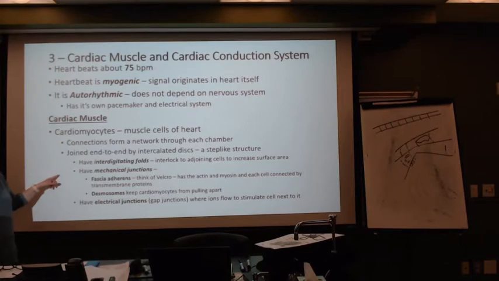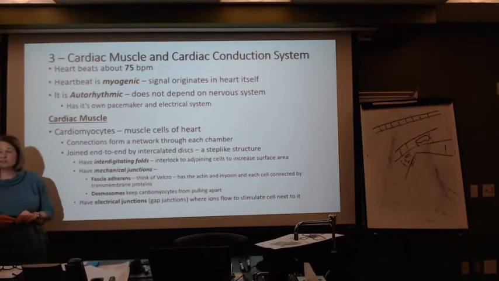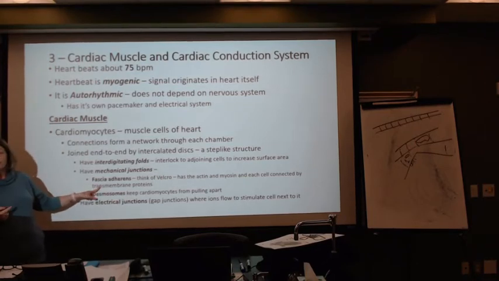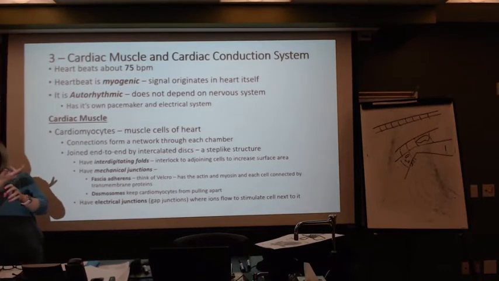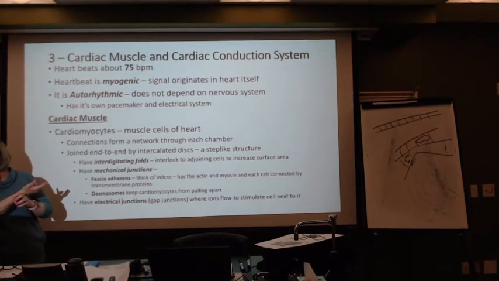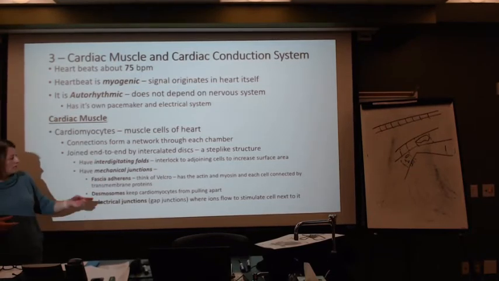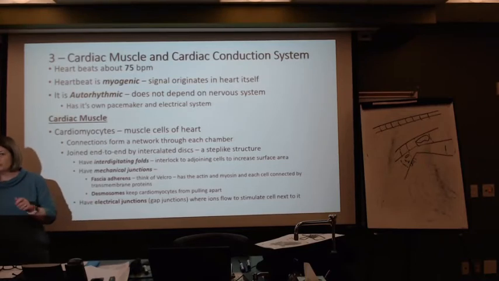We do have between the cells mechanical junctions, meaning they're working to hold the cells in place, okay? They will have a fascia, a sheet, okay, that's what a fascia means. Adherence, adheres, okay? And I think of Velcro, like pulling Velcro off of something.